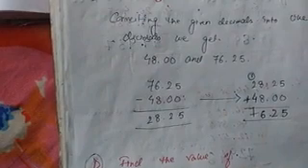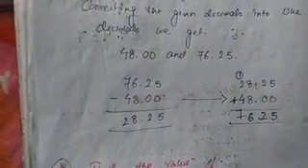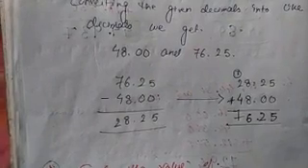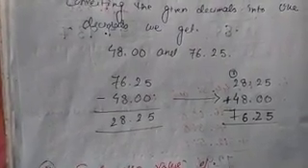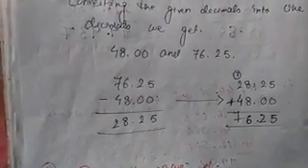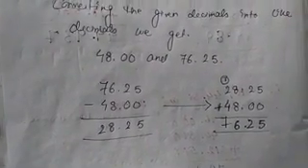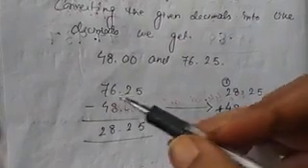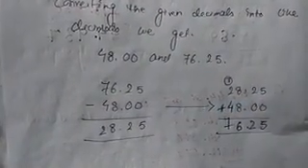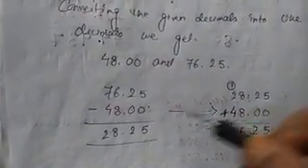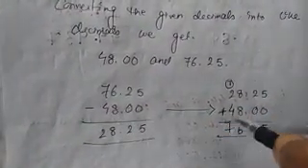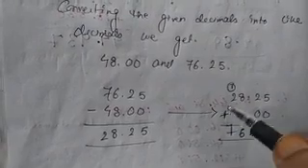By adding the difference obtained to the smaller number, if the result is the greater number, it means the subtraction is correct. So 48 is the smaller number, and 76.25 is the greater number.